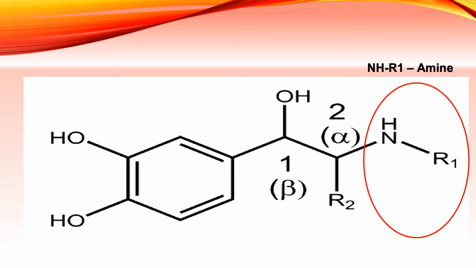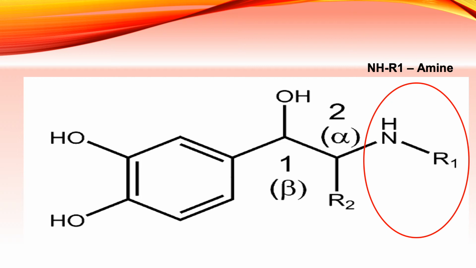And again, it will have increased lipophilicity because aryl and alkyl are lipophilic, and the more you increase the number of carbons or the chain, the more lipophilic it becomes. Therefore, if R1 is replaced by those kinds of substituents, it can produce a drug that has better cell penetration and longer duration of action.